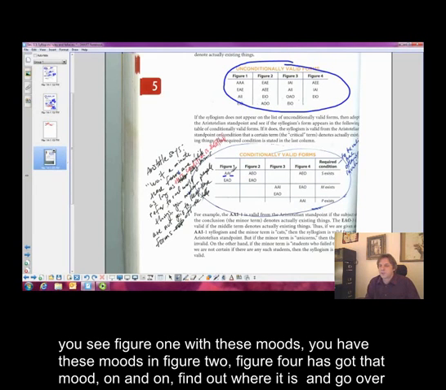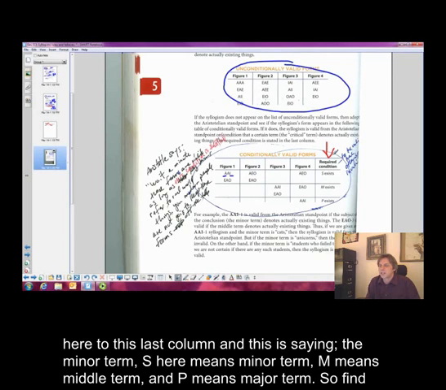And here, if you see figure 1 with these moods, you have these moods in figure 2, figure 4 it's got that mood, on and on. Find out where it is and go over here to this last column. And this is saying the minor term, S here means minor term, M means middle term, and P means major term.